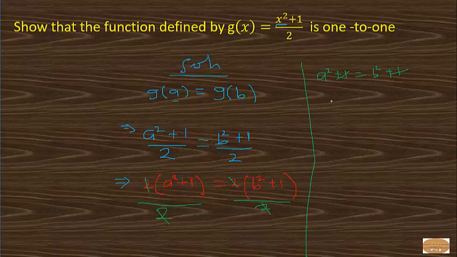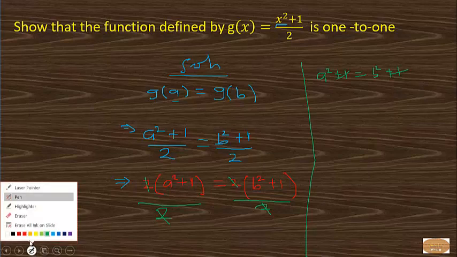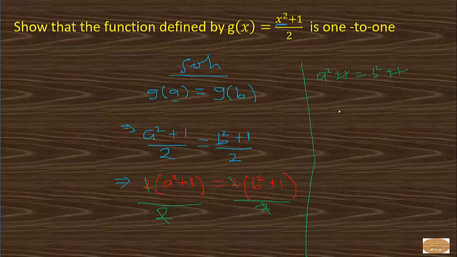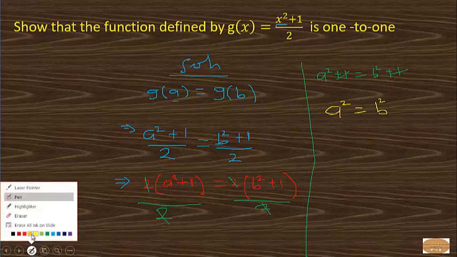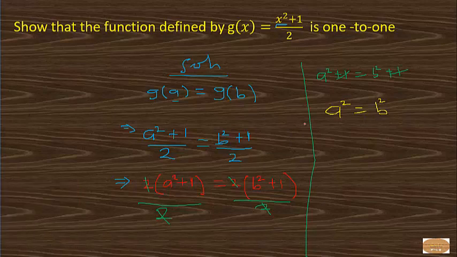As for the two examples that we've done, so a squared equals b squared. So let's find a. To find a, you have to take the root on both sides.